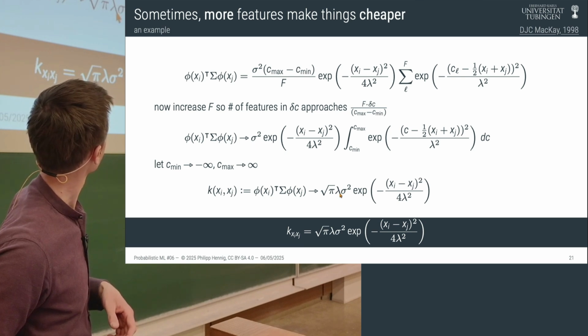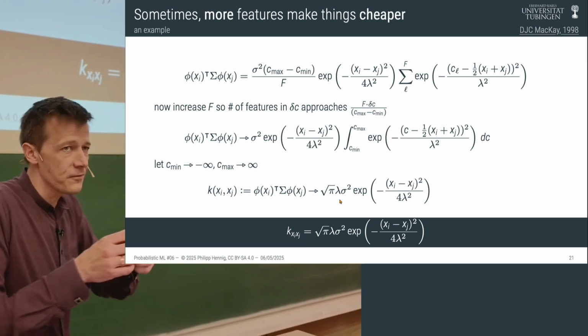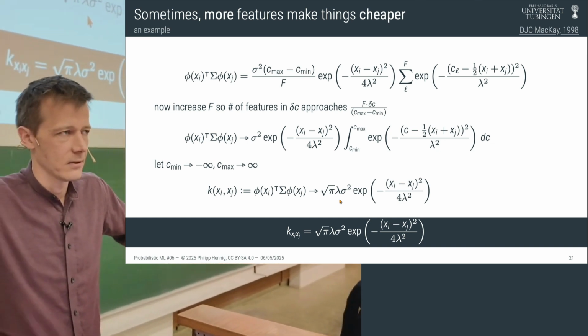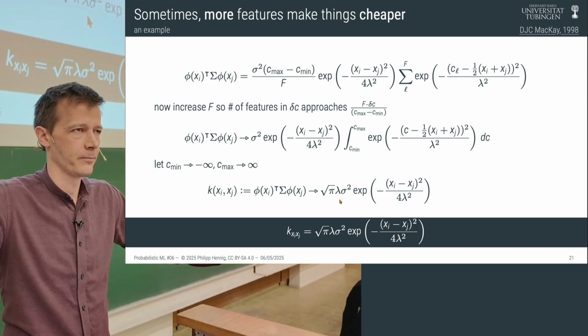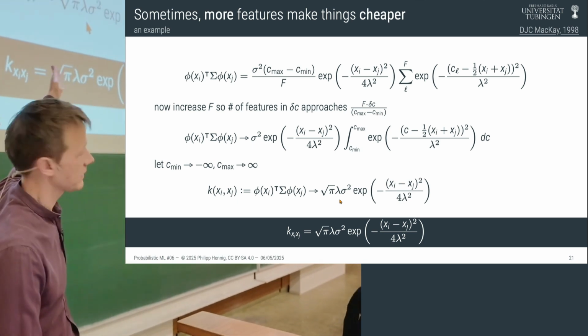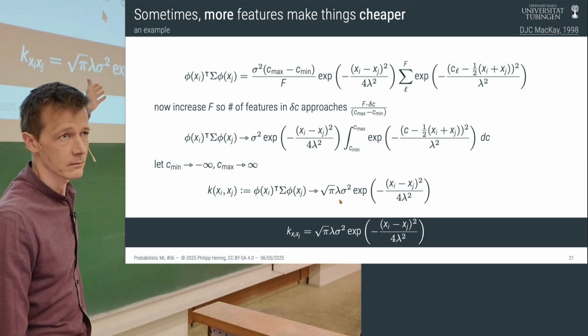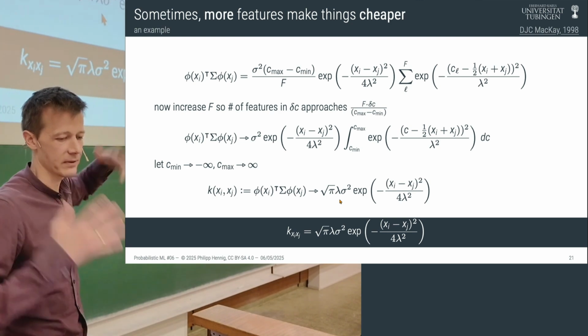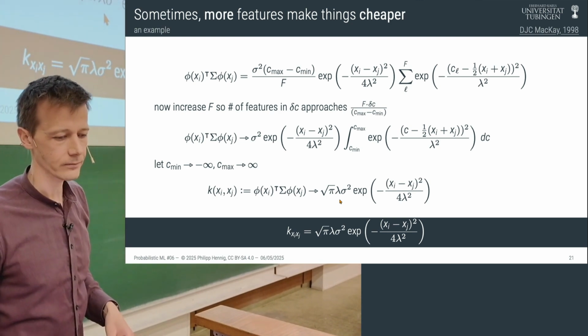So that's it. So now this infinite sum over infinitely many features is just a function that I can evaluate. And for every pair of xi, xj, of course, the cost of evaluating this thing is constant. Right? It doesn't scale with the number of features. It already keeps track of infinitely many features.